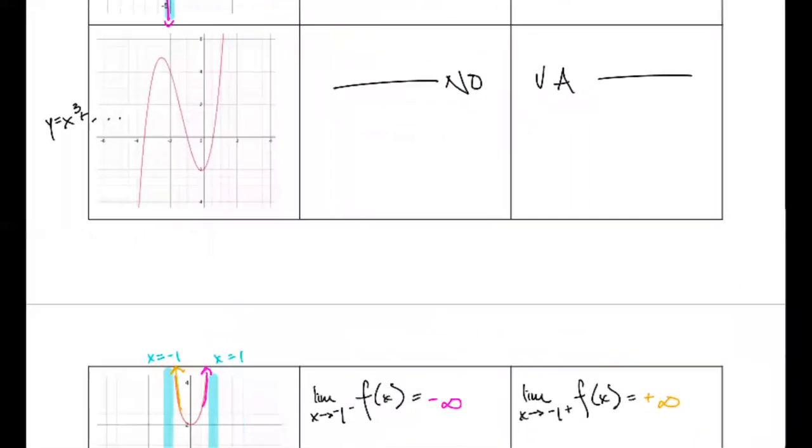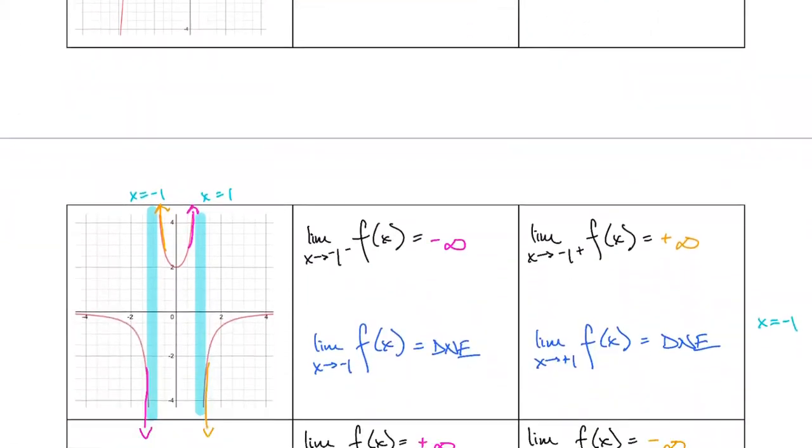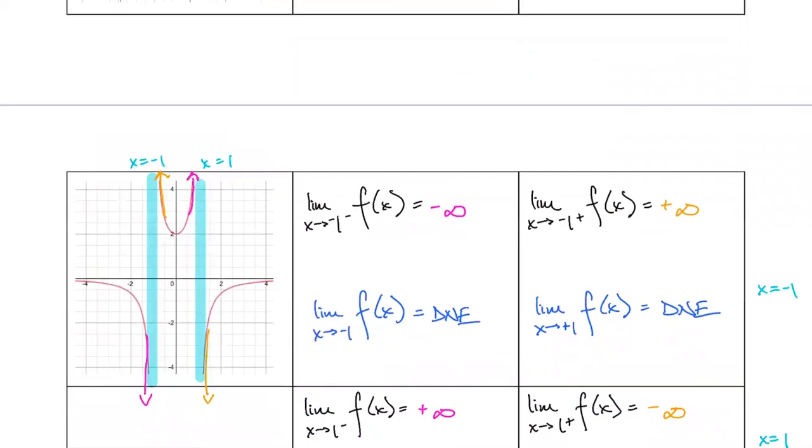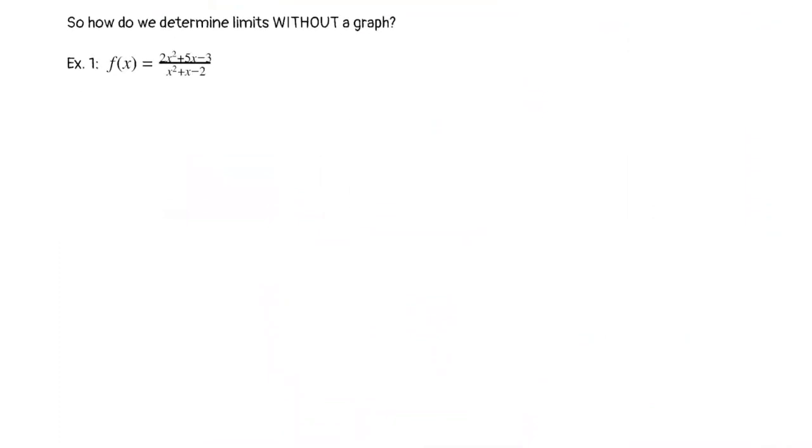If we're okay doing things from the picture, I think that's a good place to be, okay? If you're still confused about the picture part, it's really, really important that you come to office hours or you go to tutoring so that we understand how to find these values from the picture, okay? So that leaves us with this question: how do we do it when we don't have a picture? And the answer is not plug it into Desmos, I get a picture, I get an answer. Okay, I mean, it could be, but we also want to make sure we know. I know, so sad, right? We also want to know how these things actually come to be.